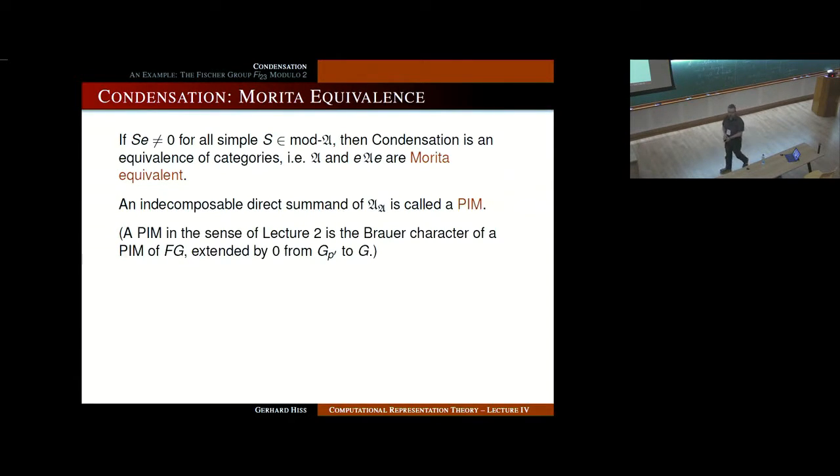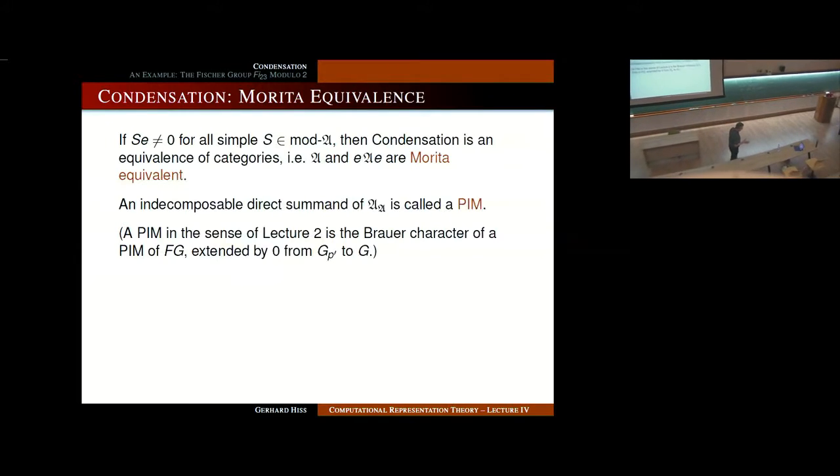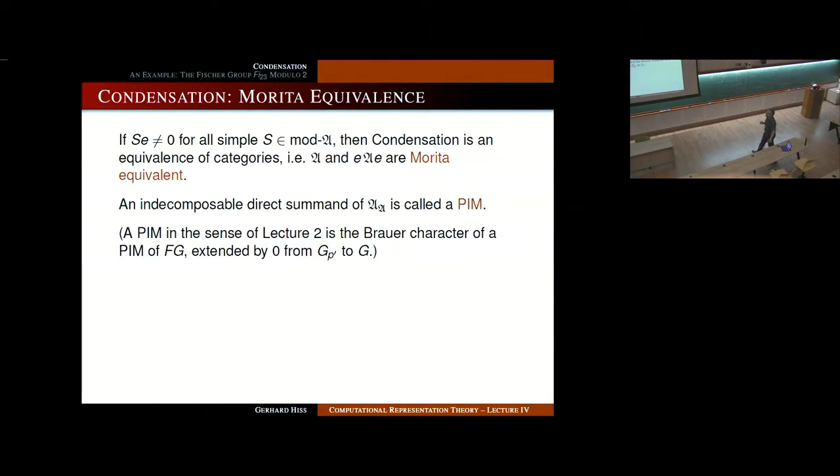In my lecture 2, we had PIMs occurring in the theory of Brauer characters. So these were characters which arise from looking at columns of the decomposition matrix and reading this column as a linear combination of ordinary characters. So a PIM in this sense is indeed a projective indecomposable module, or arises from a projective indecomposable module of the group algebra.